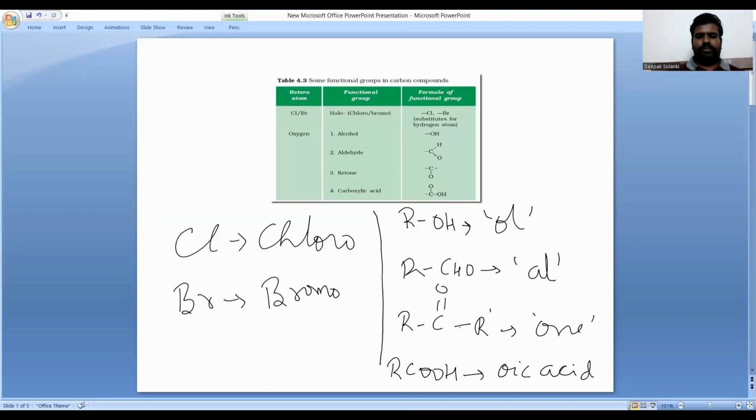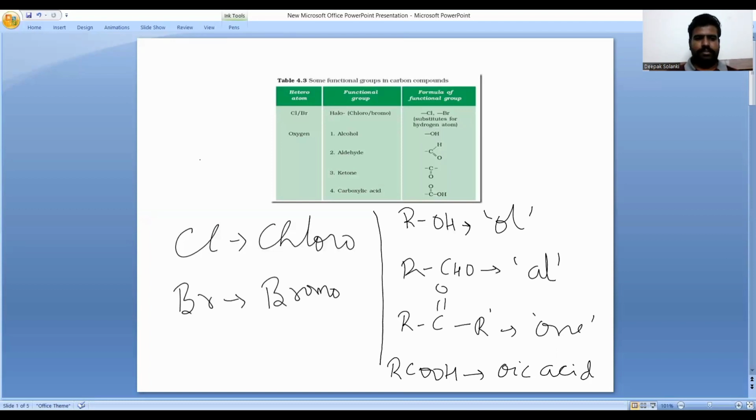And first of all, I want to tell you what functional groups are. Functional groups are those groups which are responsible for the physical and chemical properties of a compound.